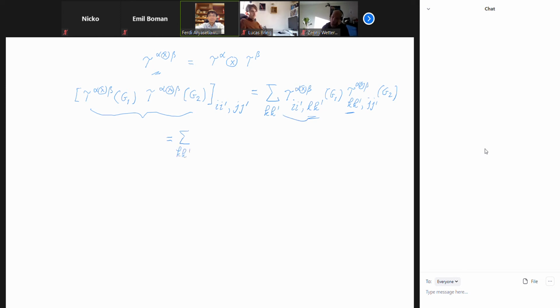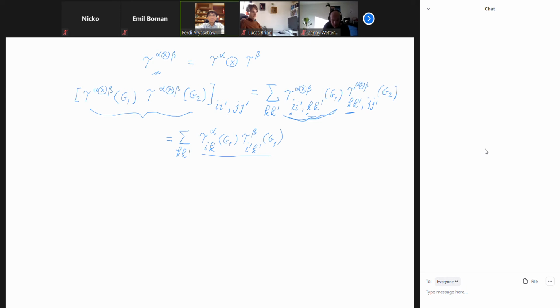That is equal to T^alpha_ik(G1) for the first matrix, and then T^beta_i'k'(G1) also. So I'm looking at this matrix here. That is not the matrix multiplication, but just a product of the elements.